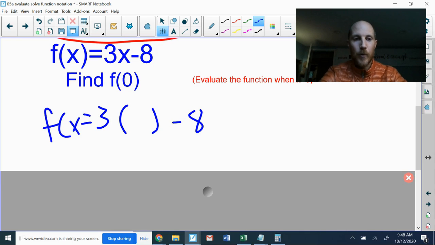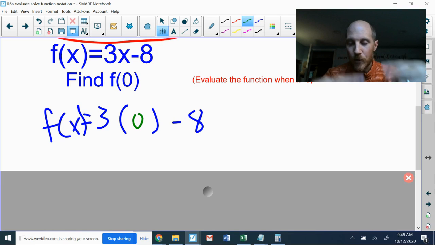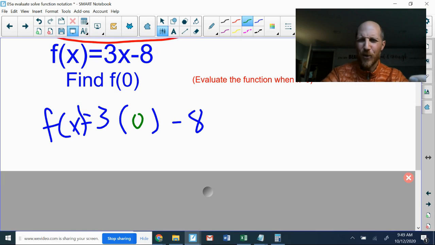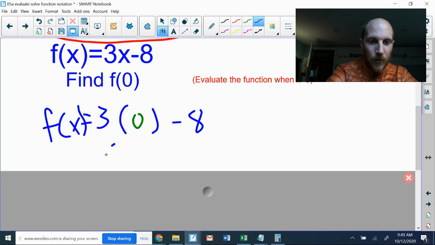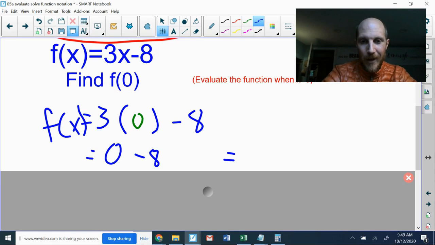I like to just write it with parentheses and leave that blank space there inside the parentheses, and then I can fill that in. So that it's clear to me visually, like this is where the x goes and it needs to be multiplied. So if I've got the 3 times those parentheses, I remember it's multiplication. Otherwise, it's like a 3 next to a 0, and you're like, does that mean 30? So anyway, I got to multiply 3 times 0. That is 0, and then subtract the 8. 0 minus 8 is going to be -8.